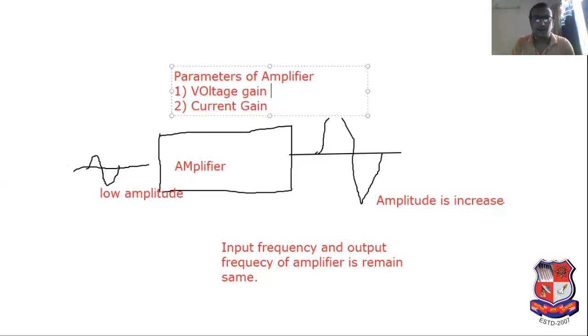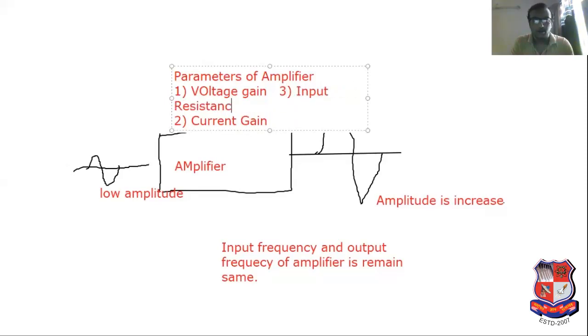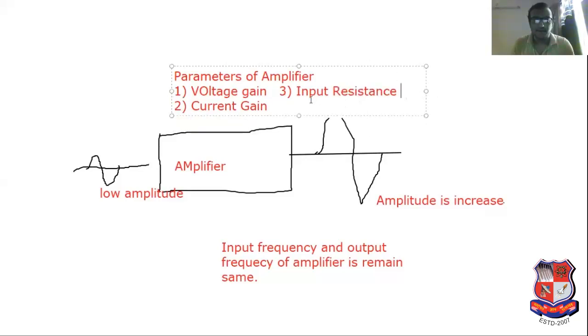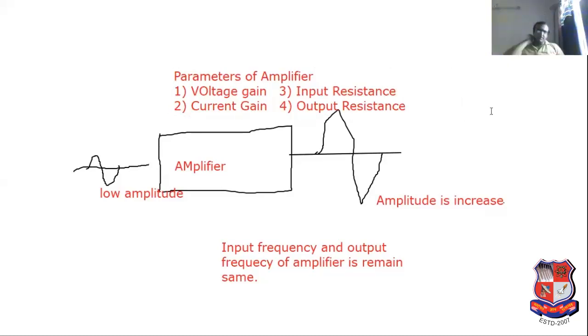The third parameter is input resistance. And the fourth parameter is output resistance. These are the basic parameters of any particular amplifier.